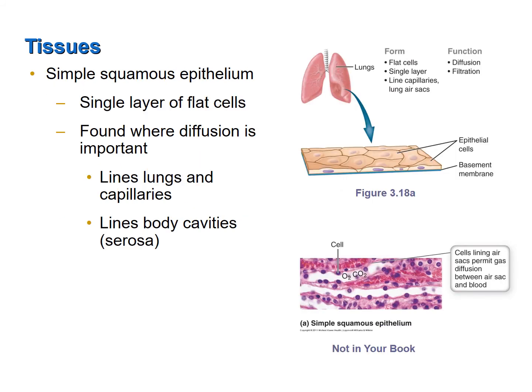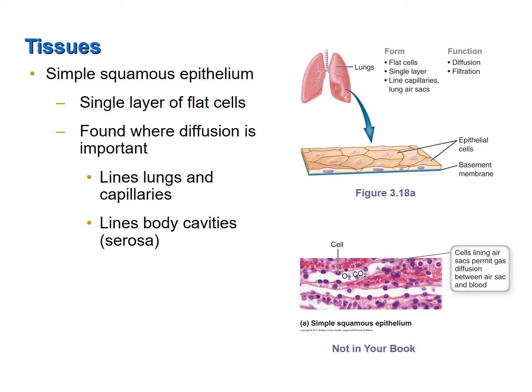Now that you understand the two criteria by which epithelial tissue is classified, let's look at some specific types of epithelial tissue. Simple squamous epithelial tissue consists of a single layer of flat cells. You find this type of tissue in areas where diffusion is important.